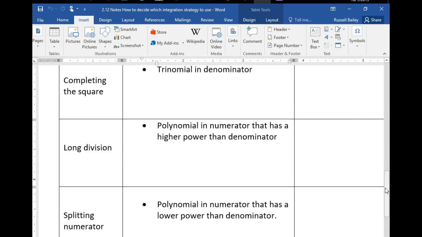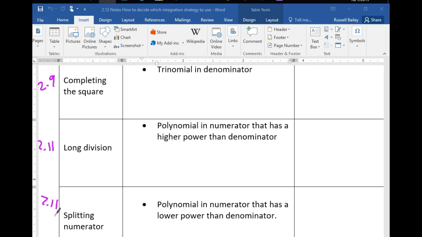Completing the square, I think that was 2.9. Long division was yesterday, and so was splitting the numerator. So 2.9 for completing the square. The last two are 2.11. No, but the first two. This one was 2.4 and this was 2.7, 2.8.